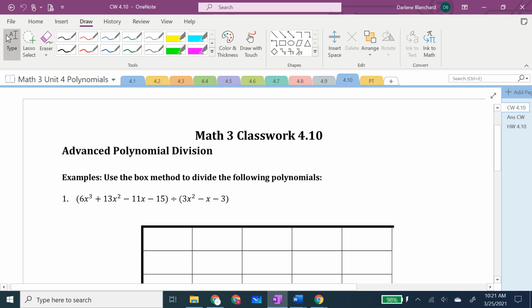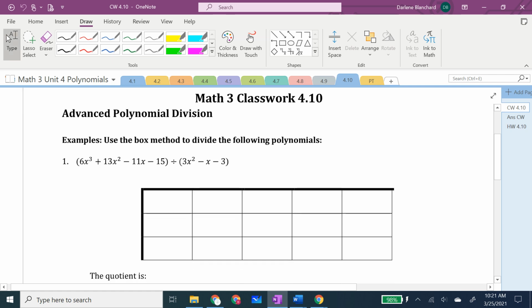So what we're doing here is key preparation for that. You need to know how to deal with polynomial division. But on top of that, you have to understand polynomials well for this next unit to go smoother, the next one that's coming. So here we go.